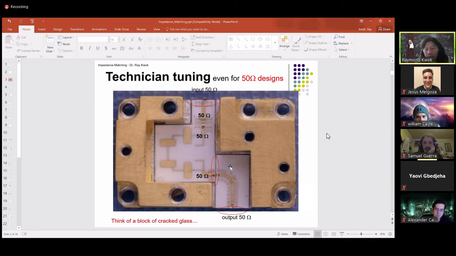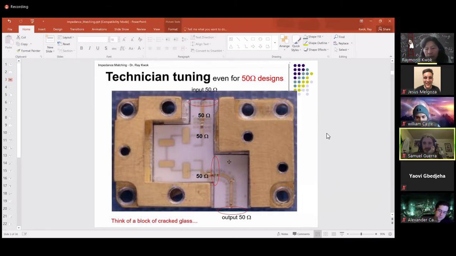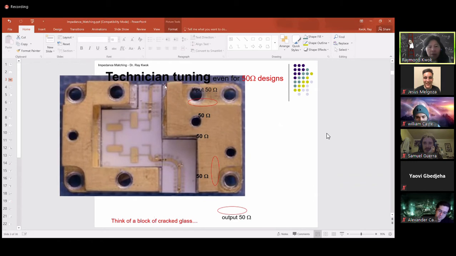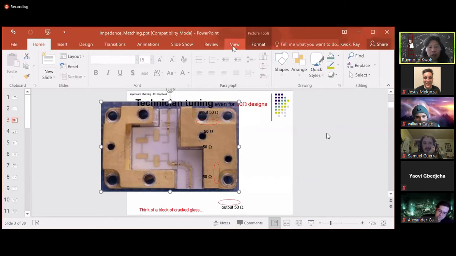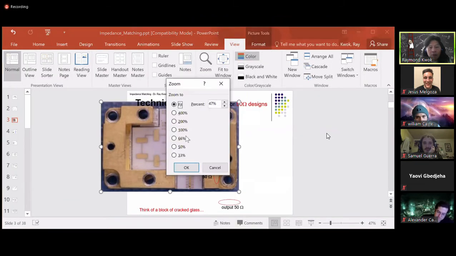So when you look at this diagram here, this is called a single stub. I'm trying to zoom in and out.